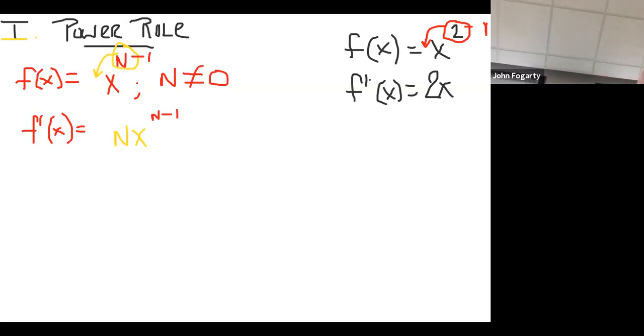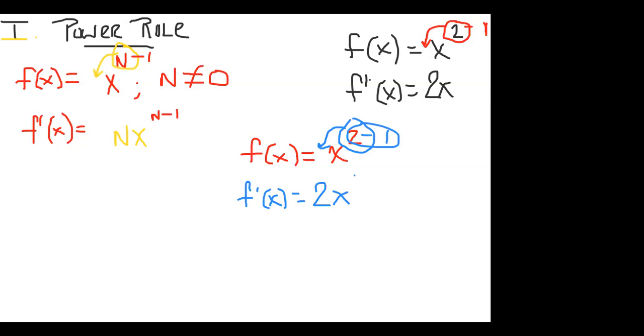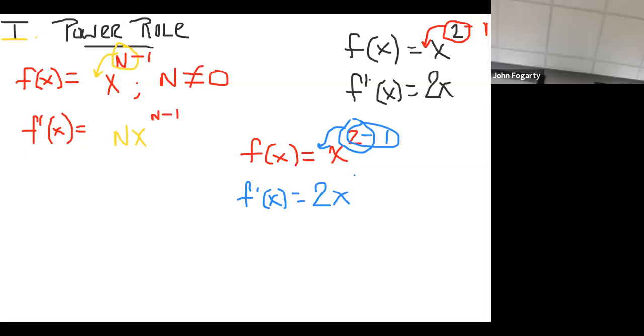So when we take what we had a second ago, f of x equals x squared, all we got to do is take 2, move it to the front. We get 2x, and then 2 minus 1 is 1, and we don't write 1. Does that make sense to you guys? Yes, sir. All righty. That's not a big deal, I don't think. Now, somebody tell me why n can't be 0.